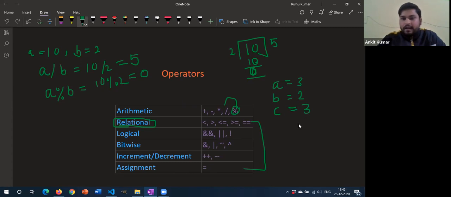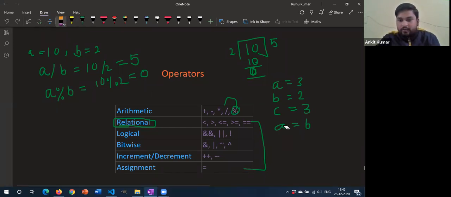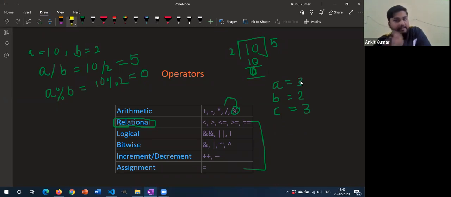Let us first understand from here. When I write A equal to 3, I am using the assignment operator. It means that whatever is present on the right hand side, assign it to the left hand side.